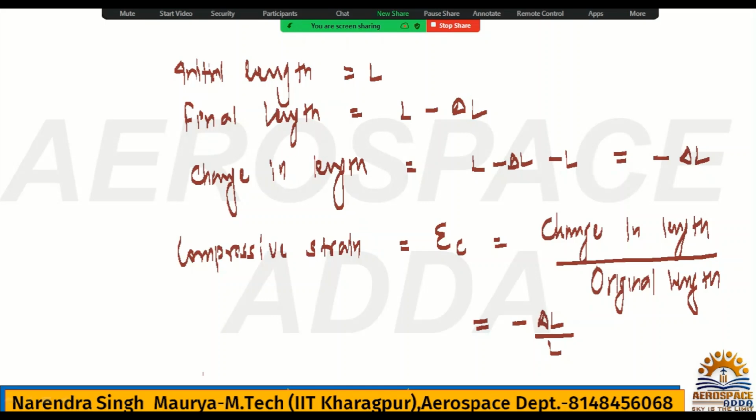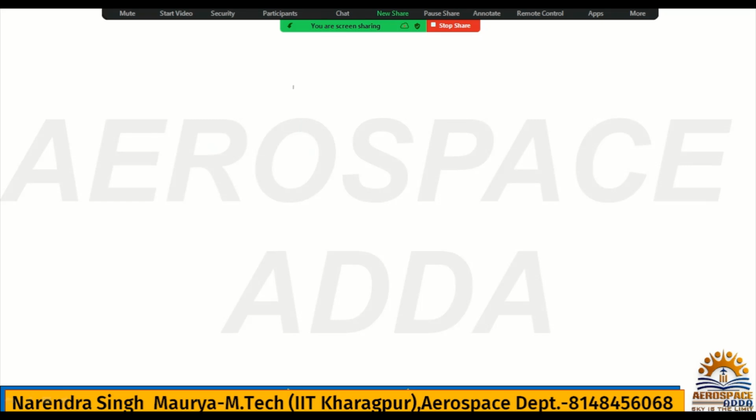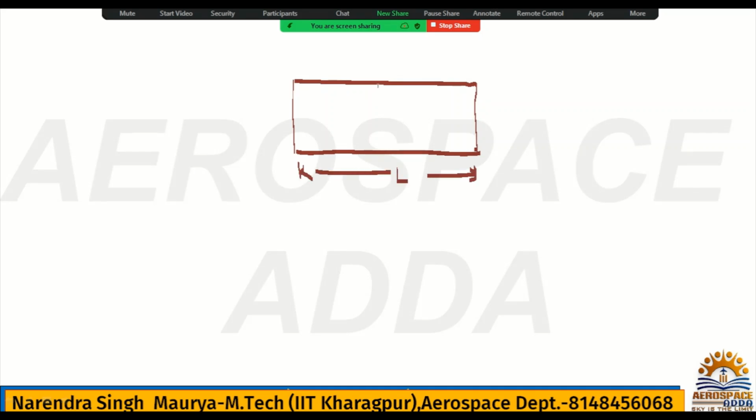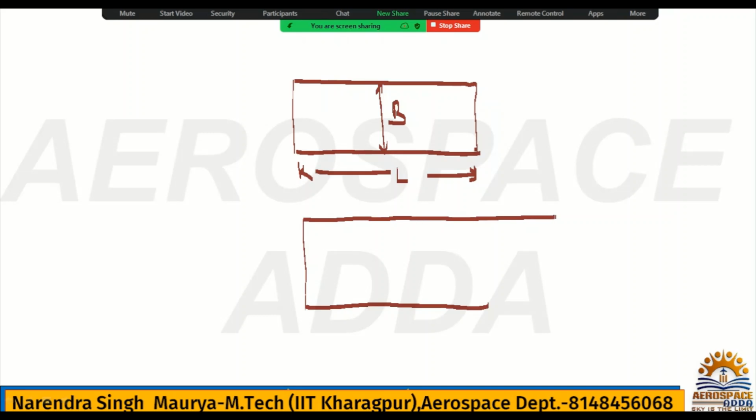All right, now in both cases you can check here. I'll take one more example. Suppose this is the bar, and this length is L and this width is B. Now suppose this bar is connected with the tensile load, so obviously length will be increased.